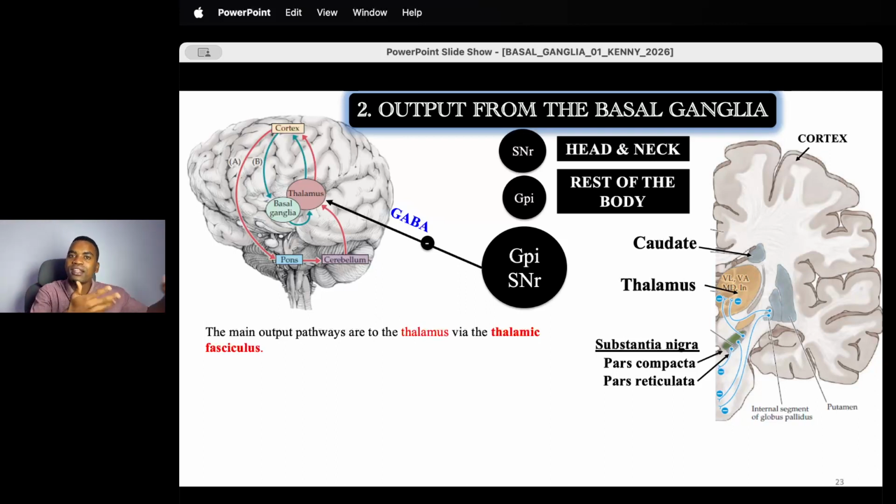The information from these two nuclei is mediated by GABAergic neurons. That means they utilize gamma-aminobutyric acid as a neurotransmitter, and you all remember that GABA is an inhibitory neurotransmitter.